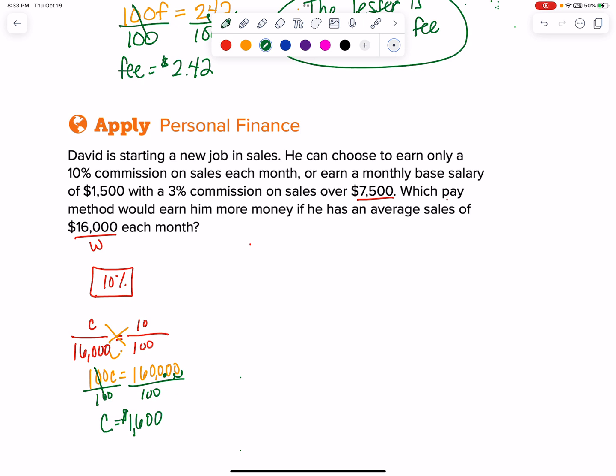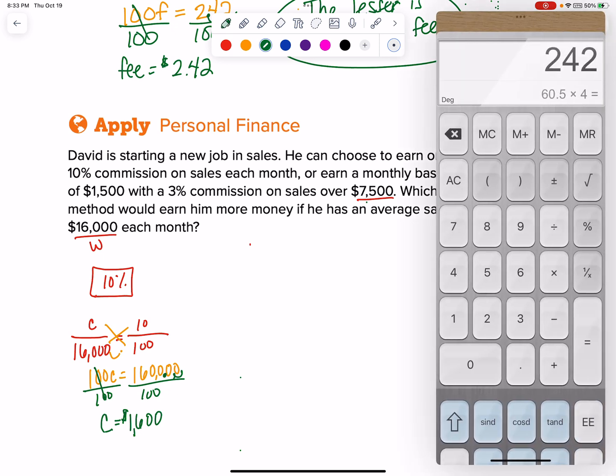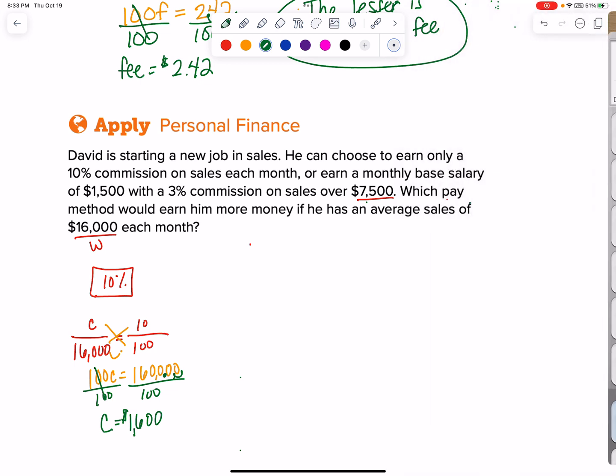So the only thing we have to interpret a little bit here is, is it going to be 16,000 minus 7,500, and I get 3% commission on that, or because I sold over 7,500, do I automatically get the 3% on the 16,000?